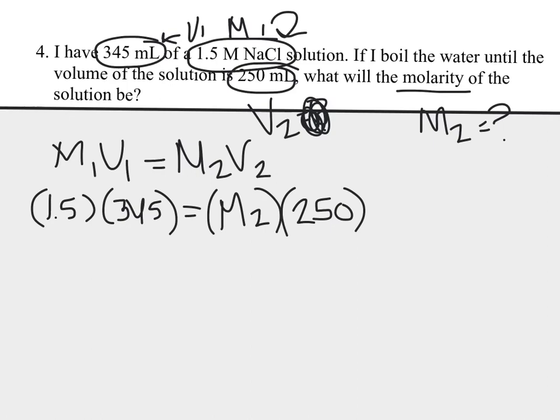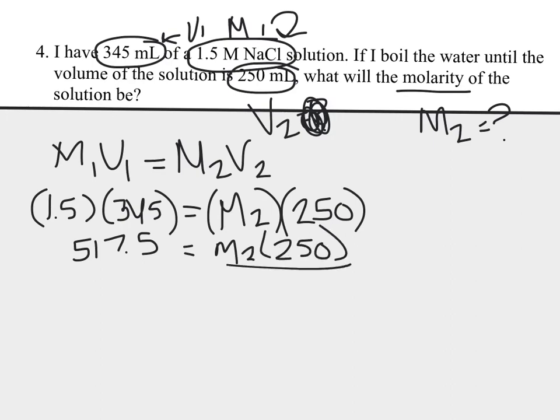Doing 1.5 times 345, I end up getting 517.5 equals my molarity times 250. Now I want my molarity all by itself, so I'm going to divide 250 over to both sides, so that now the second molarity is all alone.